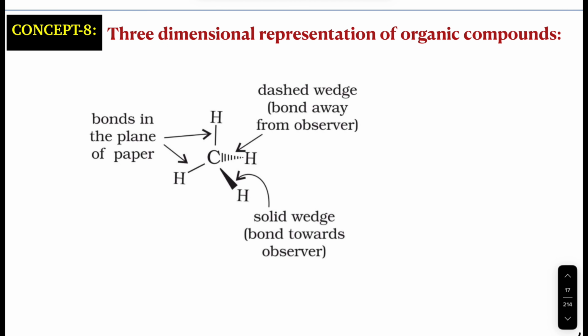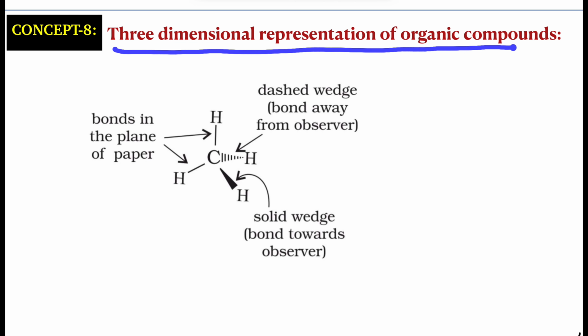And one more important concept, that is three-dimensional representation of organic compounds. In this three-dimensional representation, we have the wedge-dash formula. According to this wedge-dash formula, of the four groups of every sp3 carbon, two are drawn using a normal line, one using a solid wedge, and another using a dashed wedge.